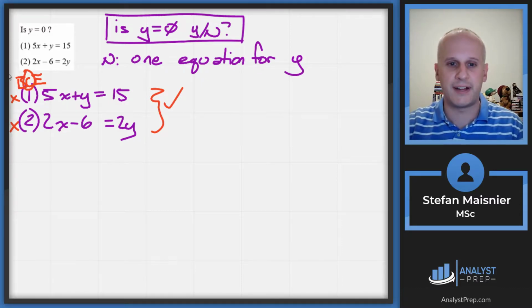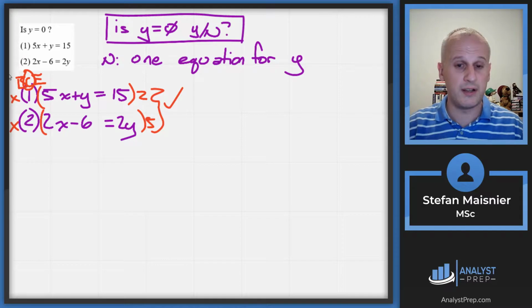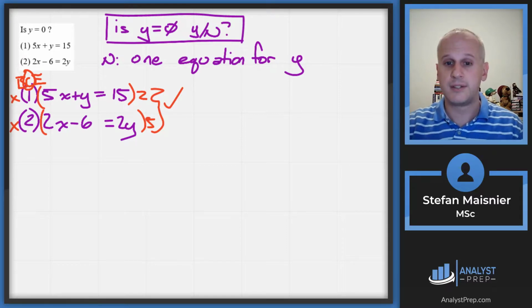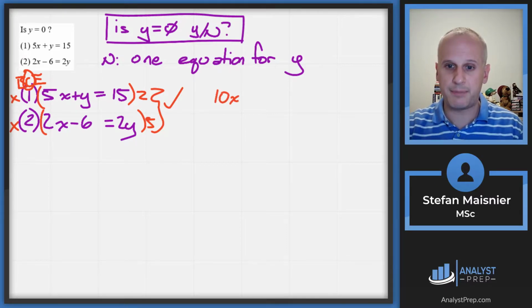But just to prove it out, we can always multiply by 2 and 5 respectively to get rid of all of our x variables. So that would produce a top equation of 10x plus 2y is equal to 30, and a bottom equation of 10x minus 30 is equal to 10y.